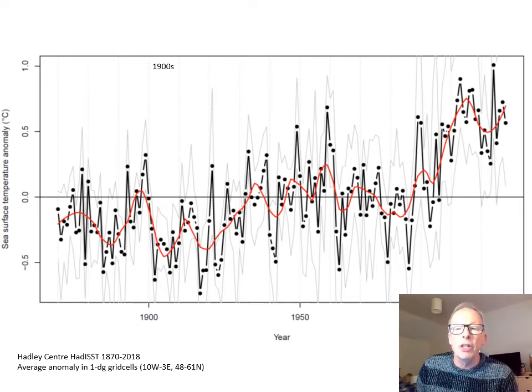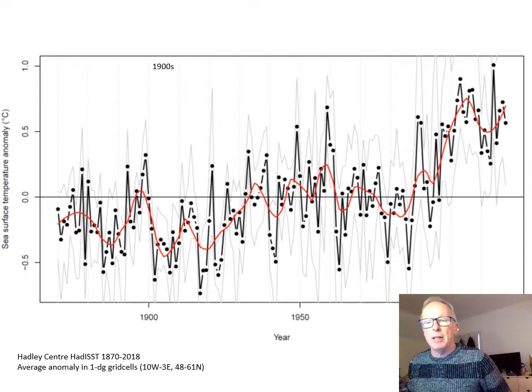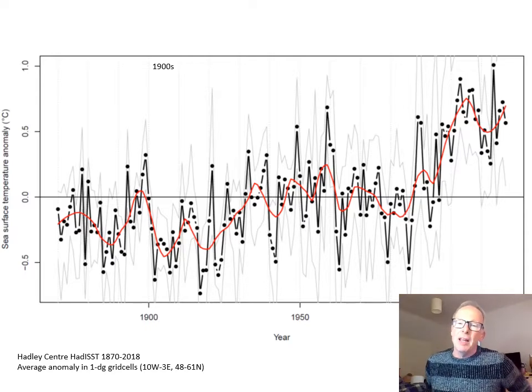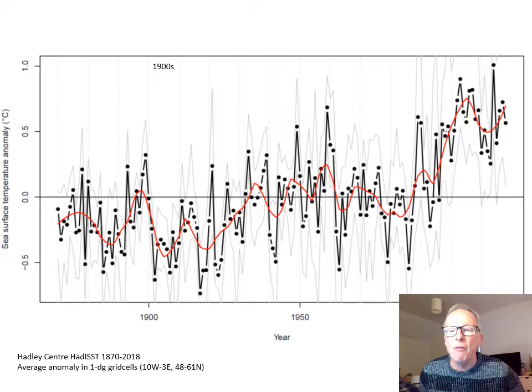So what's happened around the UK since the late 19th century? Well, it's pretty much the same as the global pattern, except there's a lot more noise around that pattern, and less of an obvious straight line increase, I would say.